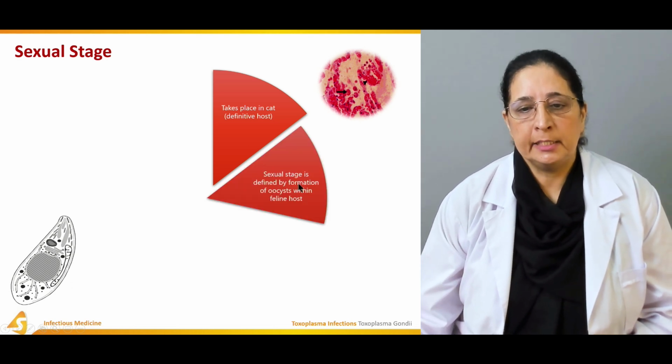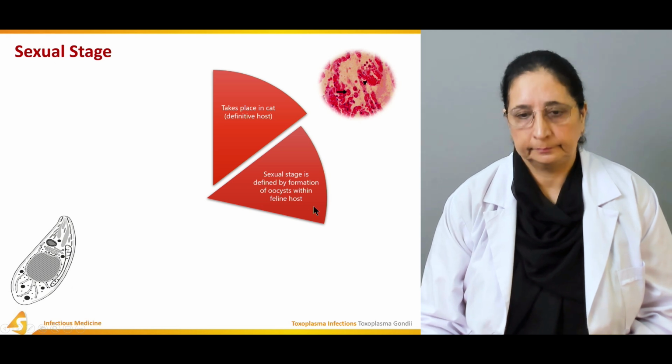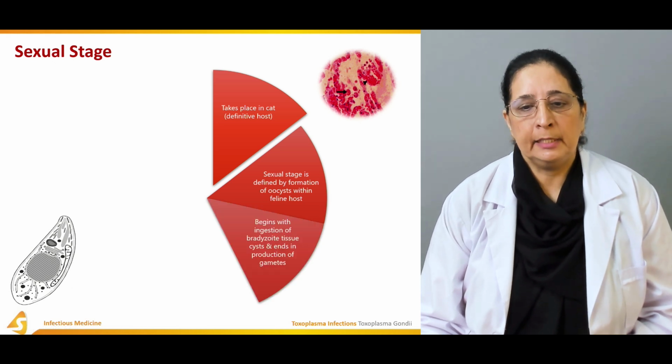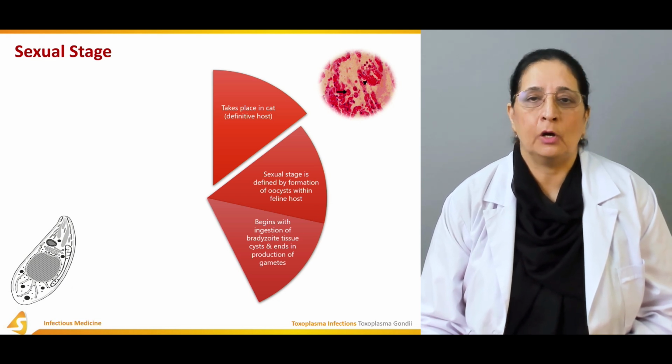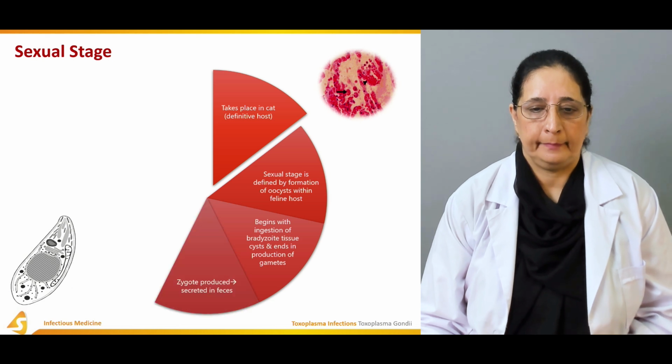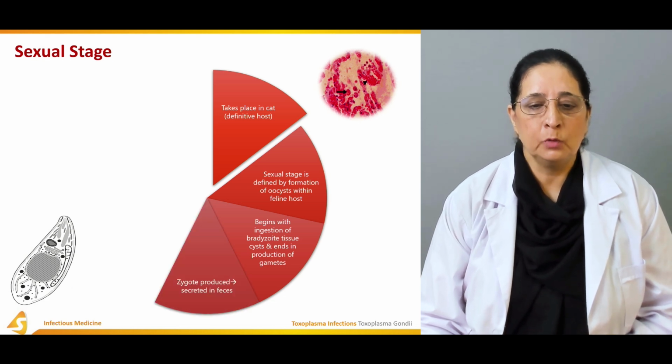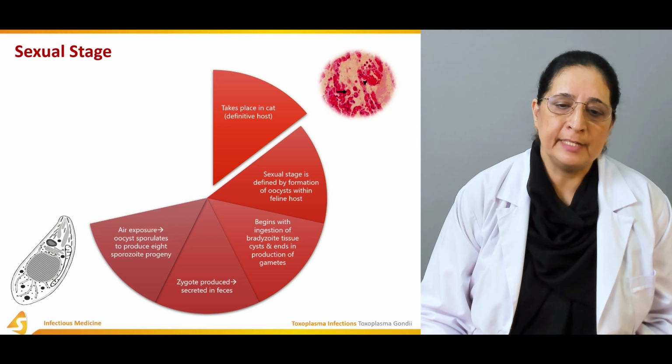Sexual stage is defined by formation of oocyst within the feline host. It begins with ingestion of bradyzoite tissue cyst and ends in the production of gametes. Zygote produced, secreted in the cat feces.